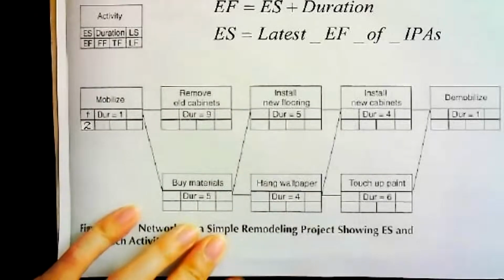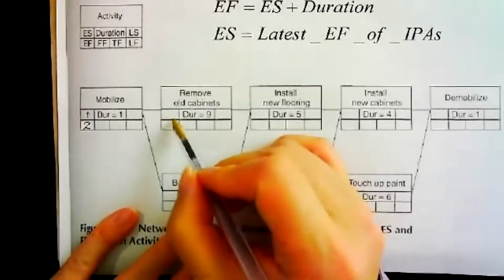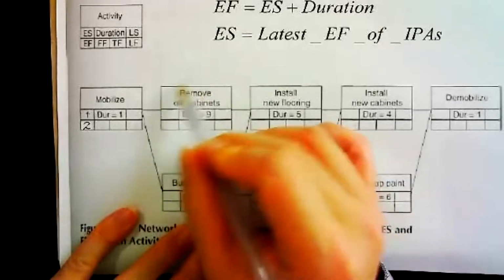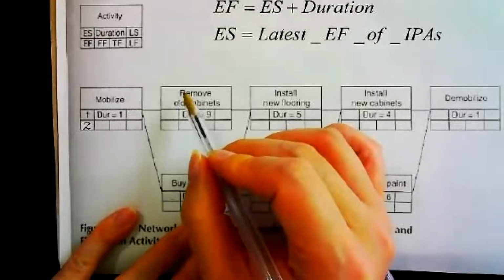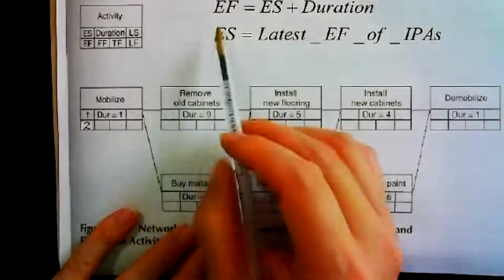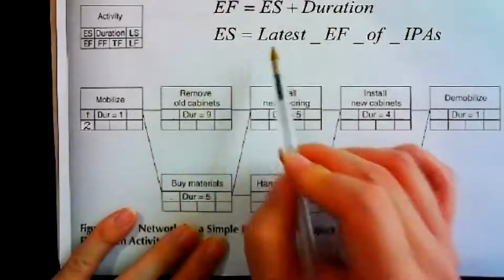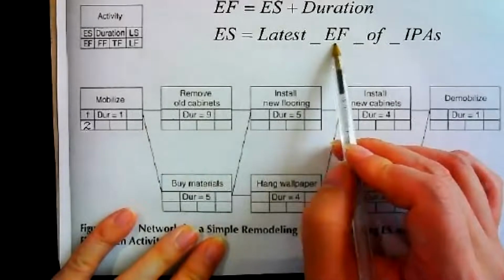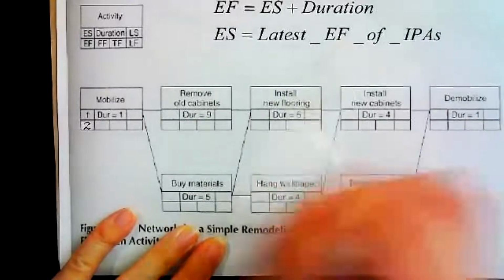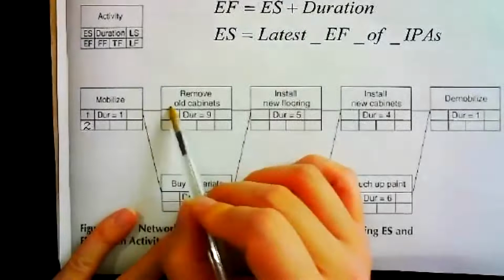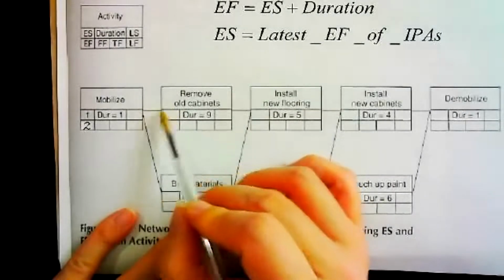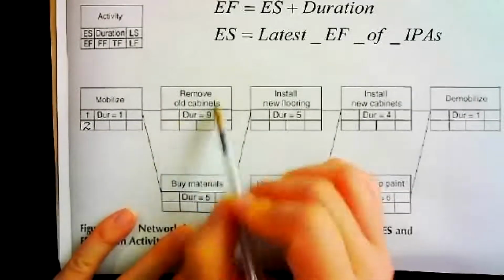Then we calculate the next activities. The next activity's early start equals the IPA's early finish. This one only has one IPA. See, there's only one line before this activity.